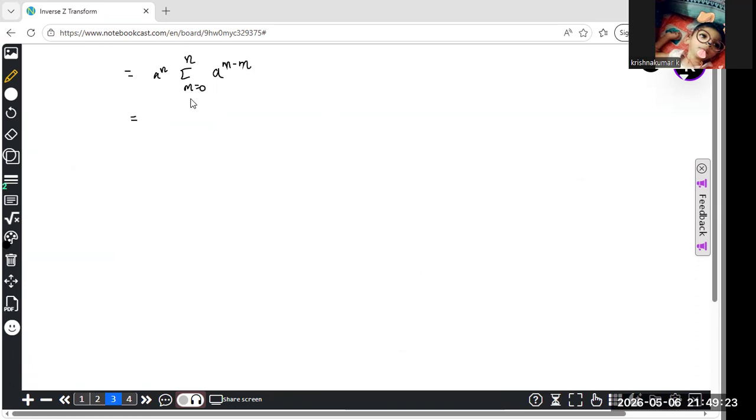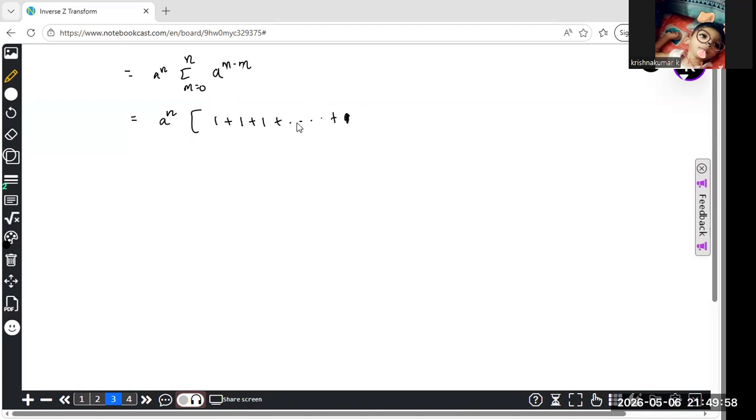First you put m is equal to 0, then we have a power n into the first term, a power 0, that will be 1. Next if you put m is equal to 1, again you get a power 0, that is also equal to 1. Plus if you put m is equal to 2, again a power 0. Up to m is equal to n, again you get a power n minus m, that will be 1.